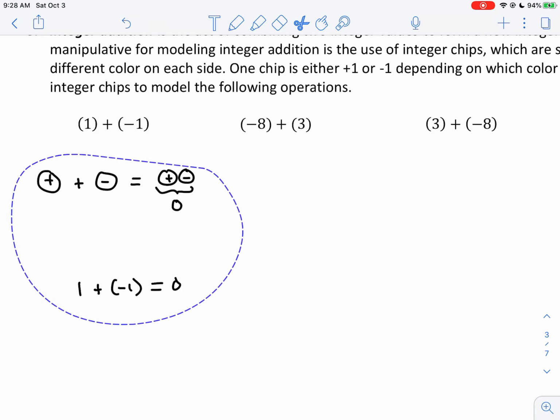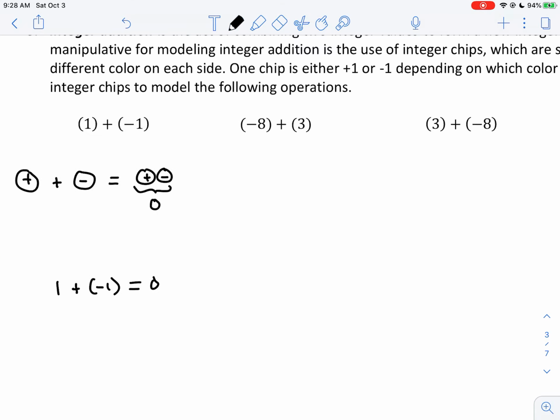Okay, so when you're trying to show this on paper, let's do the negative 8 by just putting 8 circles. And if you want to be even lazier, you could just do 8 negative signs. And those are the 8 negative chips. And we're going to add that to 3 positive chips. And then you get your pairings that cancel each other.